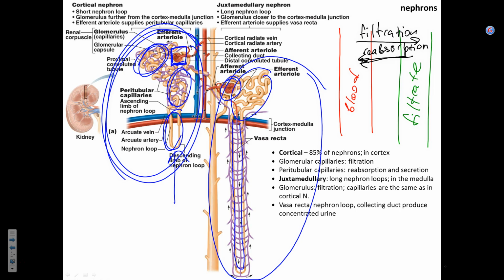And then secretion is the final bout of throwing things back into the filtrate. That makes sense. Go ahead.